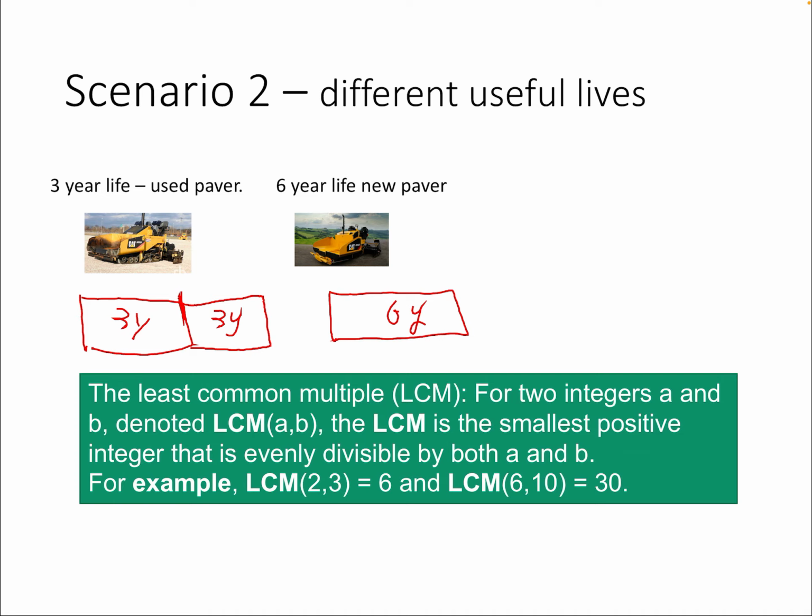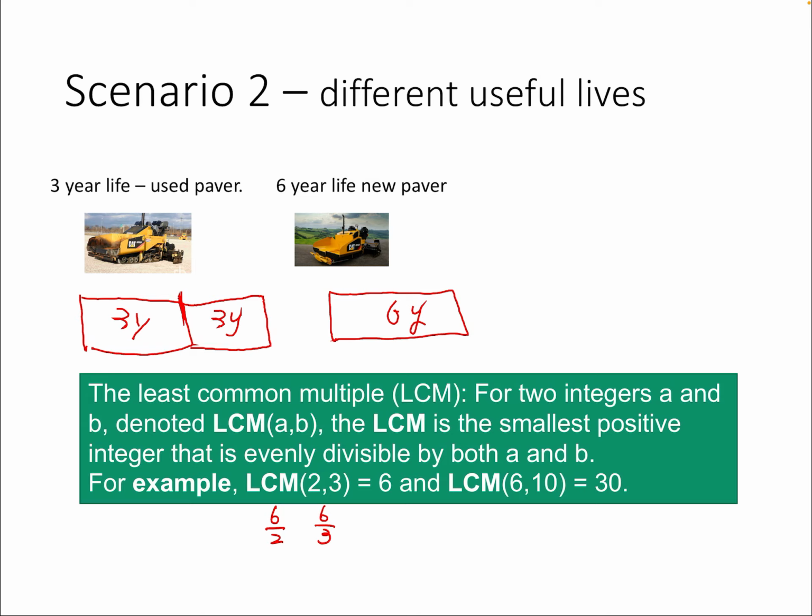Okay, so for example, for 2 and 3, the LCM is 6, because 6 can be divided by 2 evenly, and it also can be divided by 3, right?